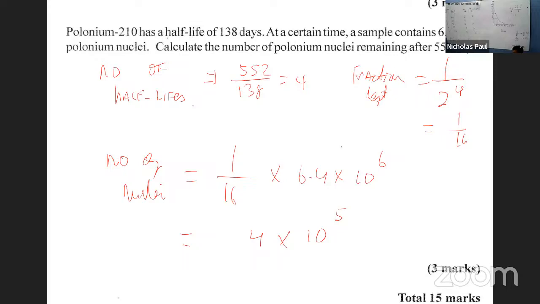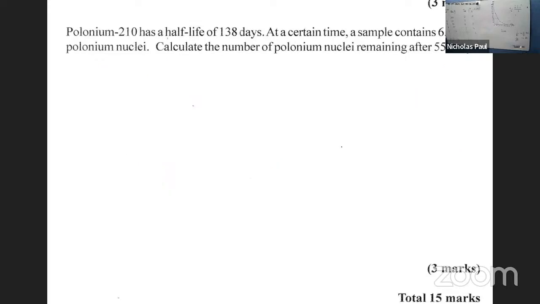Earlier, I want you all to be able to grasp the concept, right? Take a look here. If we know the half-life, we use the half-life to find the number of half-lives.